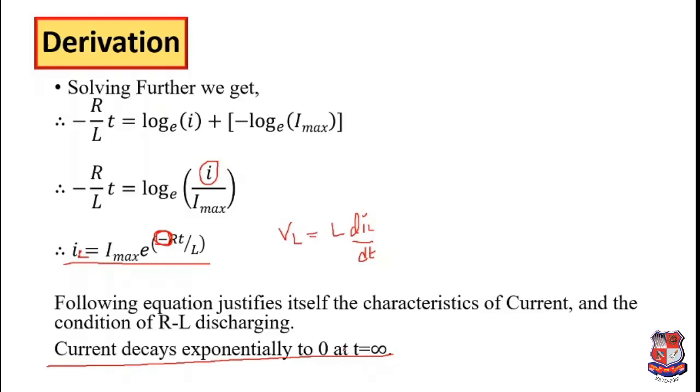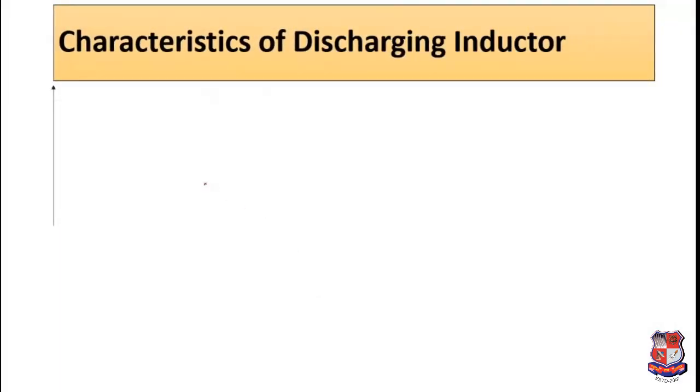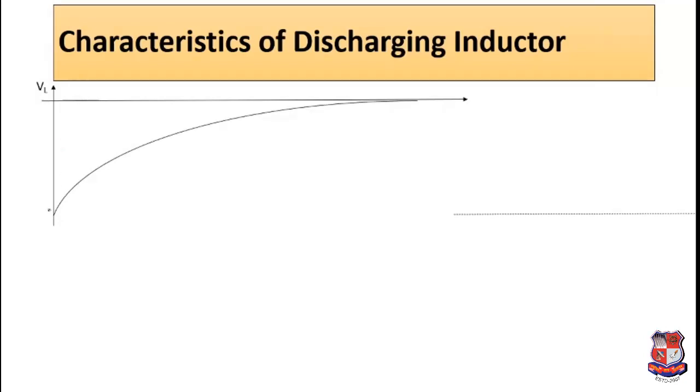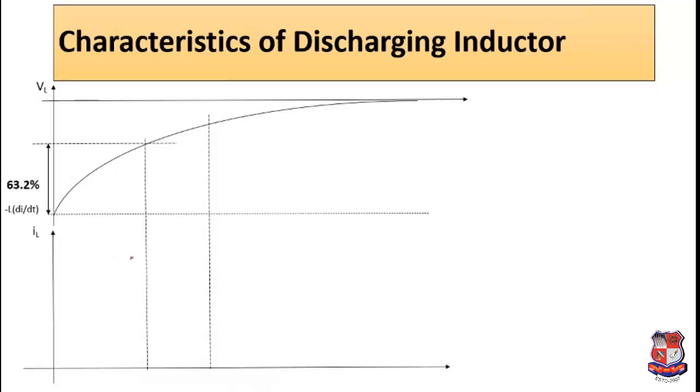It will decay to 0 at t equals infinity. The inductor voltage will rise from minus L di by dt to 0, and the inductor current will decrease from V by R to 0.